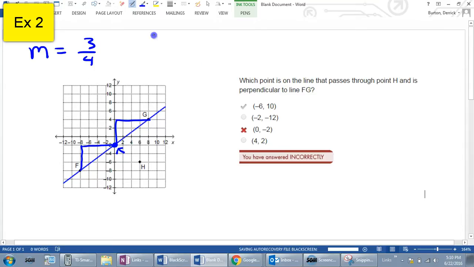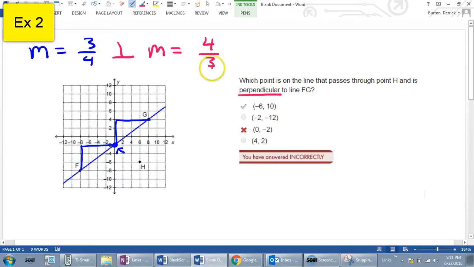Now they're talking perpendicular. So here again, what would be the slope of a perpendicular line? 4 over 3. 4 over 3. And there's something else I have to change about it, because it's got to be opposite and reciprocal.